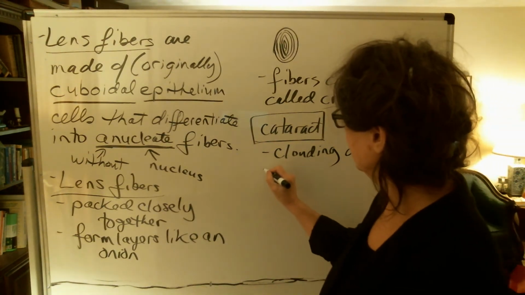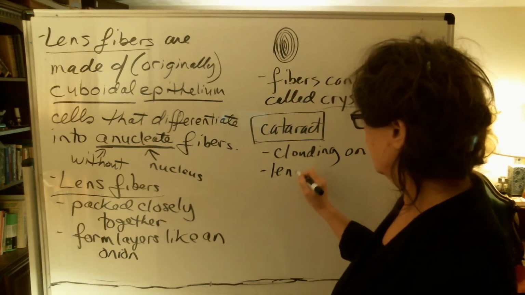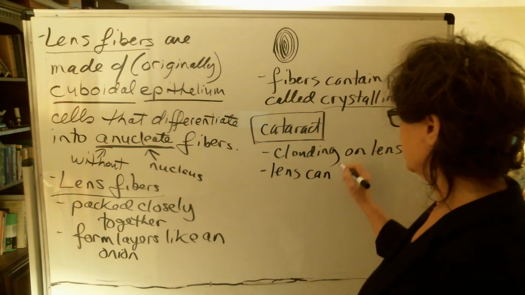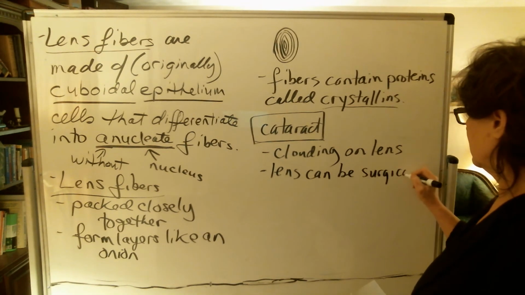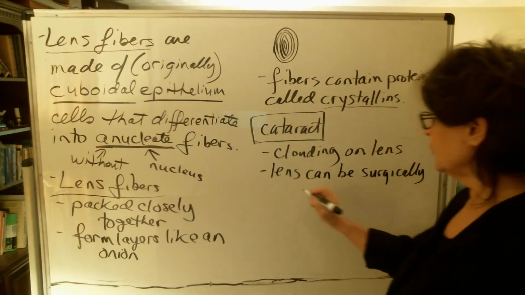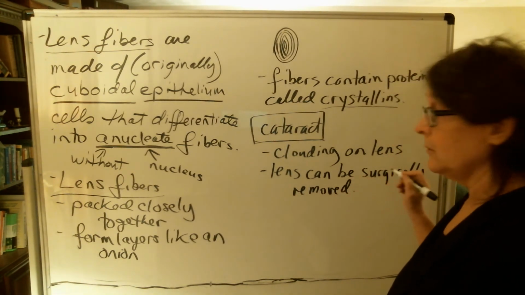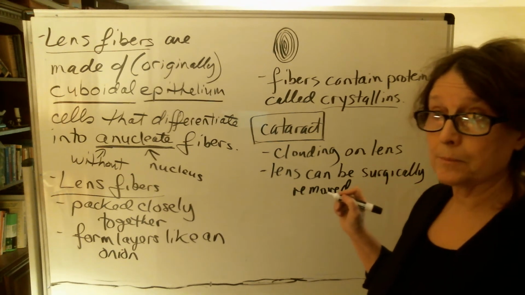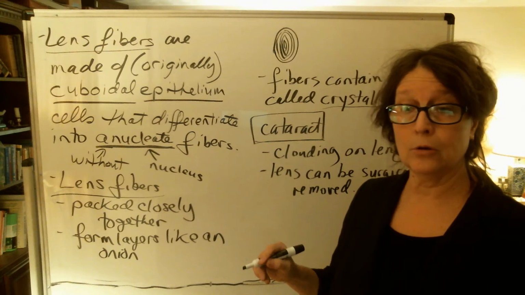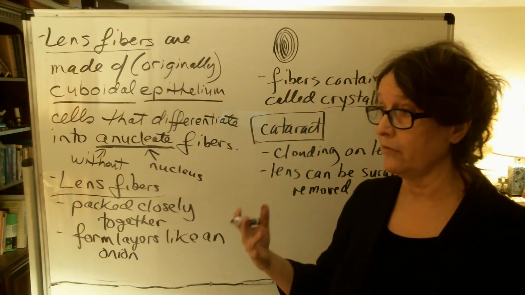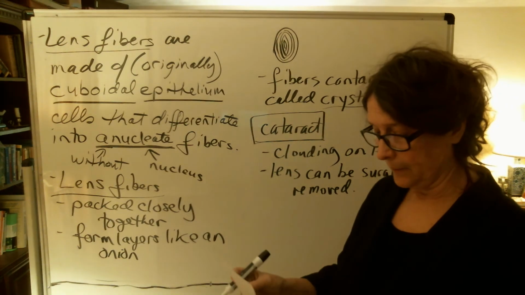Now, fortunately, this is actually something we deal with pretty well because the lens can be surgically removed. And it used to be that we would simply remove the lens and that would be that, and people could no longer focus their eyes, but they could use bifocals for distance vision and reading, and they got along okay.